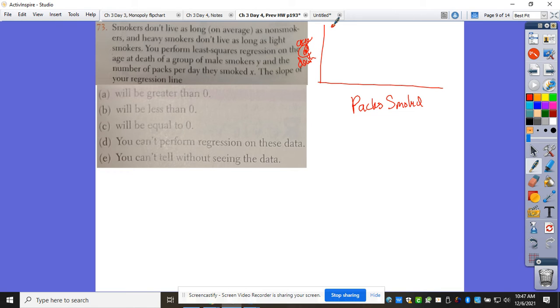If they smoke a whole bunch, what should their age at death be? And that's all you need to get out of that. So our slope will be what? What kind of slope is that? Negative, so less than 0.